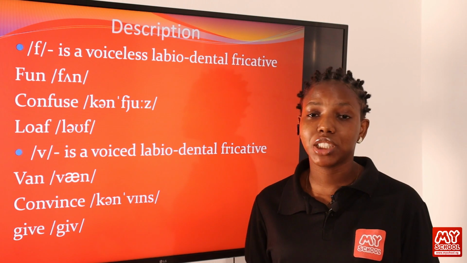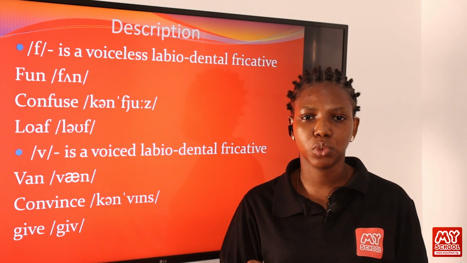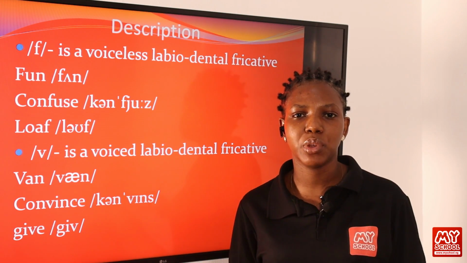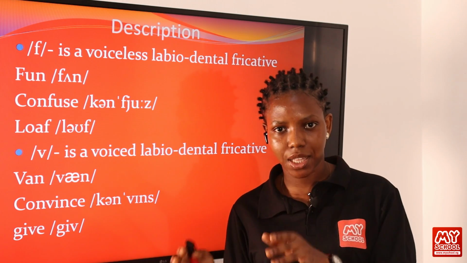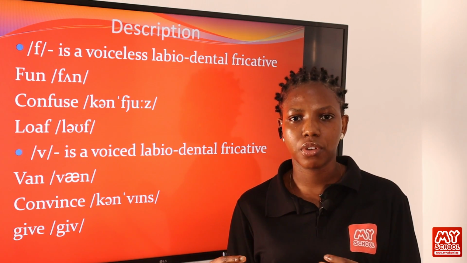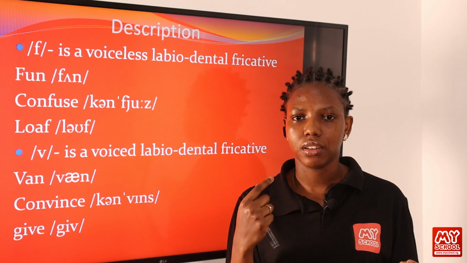Labiodental means the place of articulation, the point in which the sound is made in the speech tract. Labiodental means lip and teeth. Which lip is involved? The lower lip and the upper teeth.